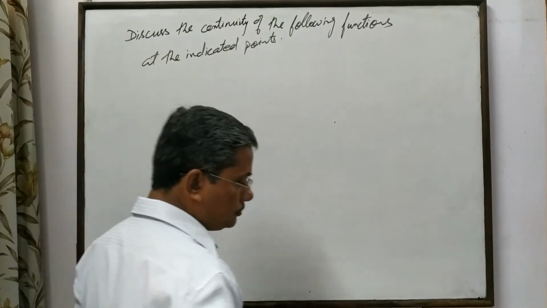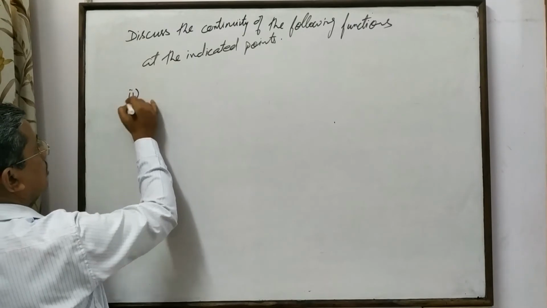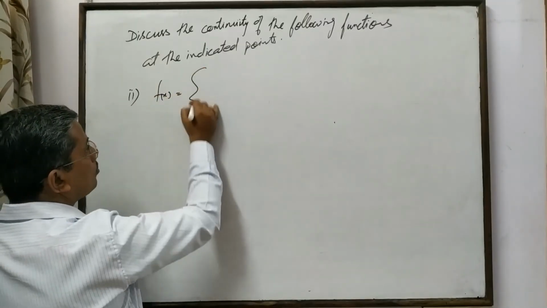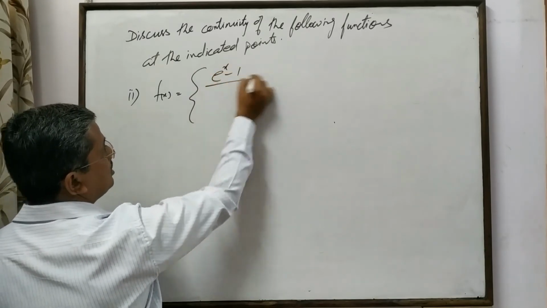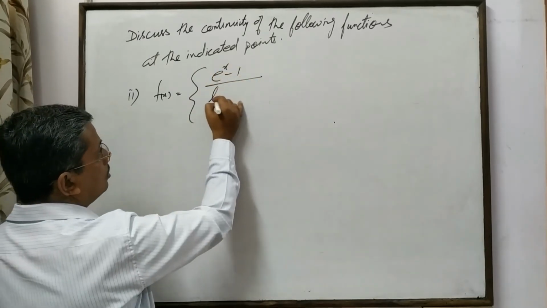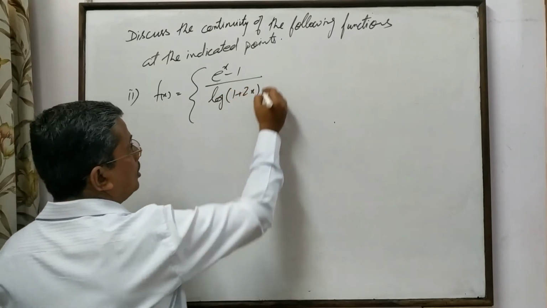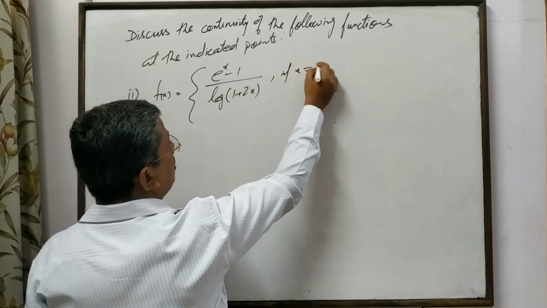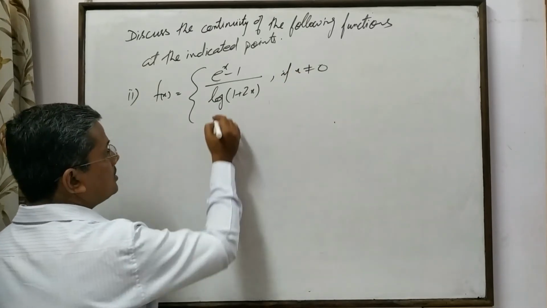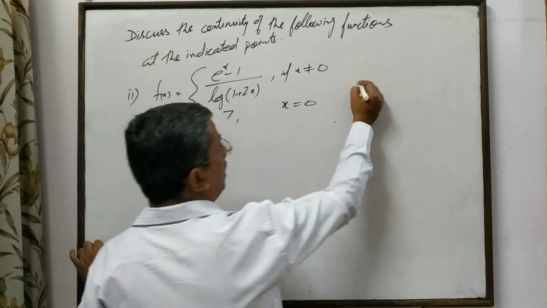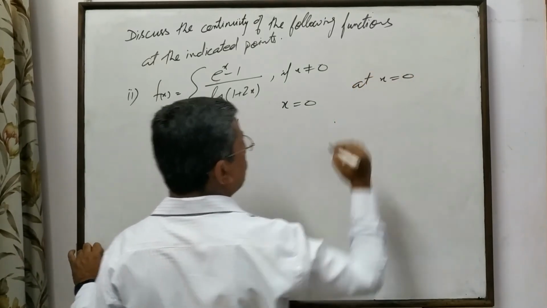Another question. F of x is equal to (e raised to power x minus 1) upon log of 1 plus 2x if x is not equal to 0, and 7 if x is equal to 0, at x is equal to 0.